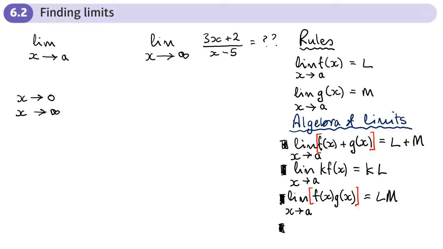So that's more like the multiplication rule than the previous one. I suppose the last one's like the constant rule. So you could think of this like the addition rule, the constant rule, multiplying by a constant, the multiplication rule.